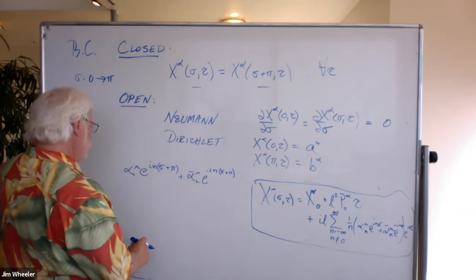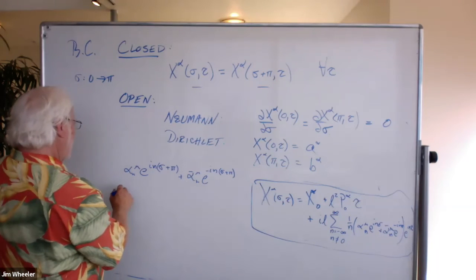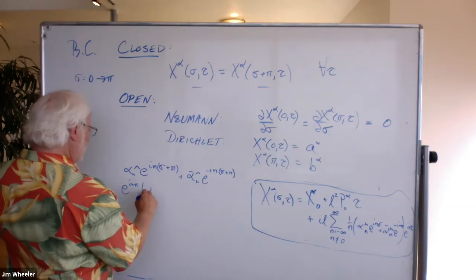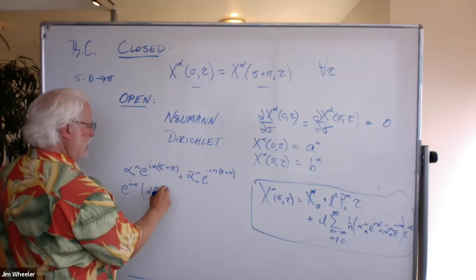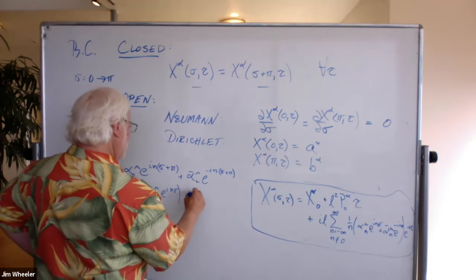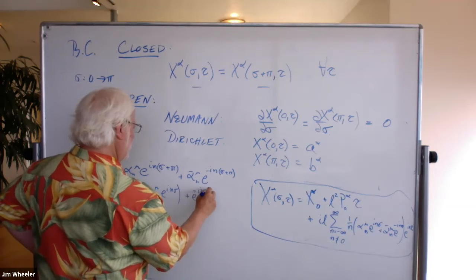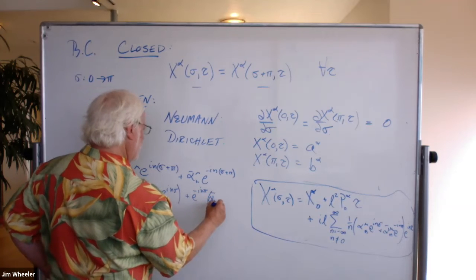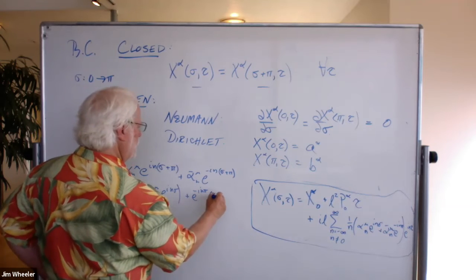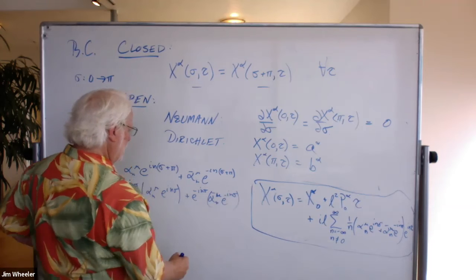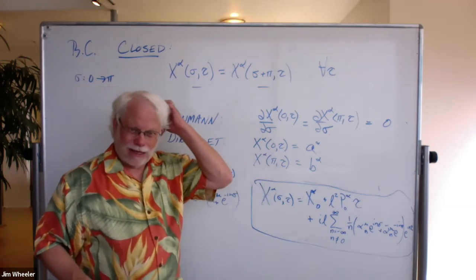What comes out is e to the i n pi times alpha n mu e to the i n sigma, but then e to the minus i n pi over here times alpha bar n e to the minus i n sigma. And all this is inside this sum and so forth.